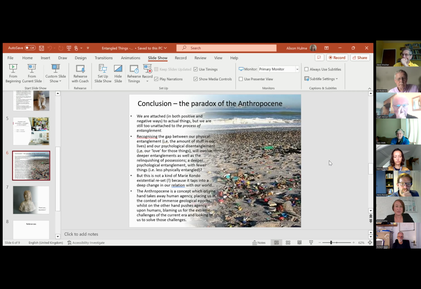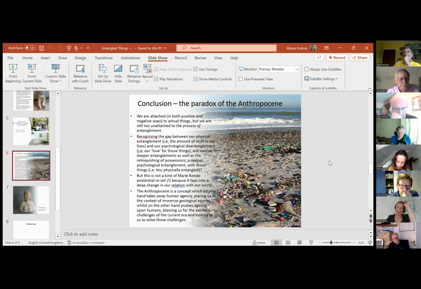This is one of the arguments that I make. Recognizing the gap between our physical entanglement, the amount of stuff, and our psychological disentanglement or entanglement, our love for those things, will involve deeper entanglement as well as the relinquishing of possessions. A deeper psychological entanglement with fewer things is perhaps the solution.